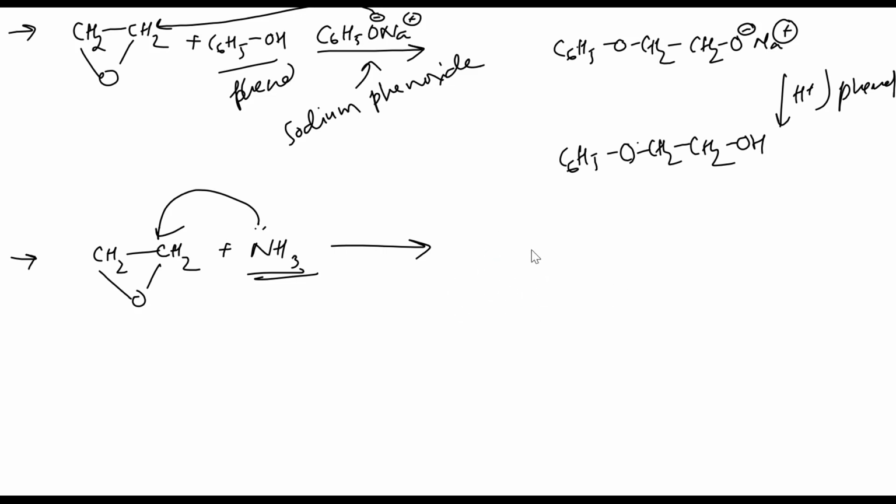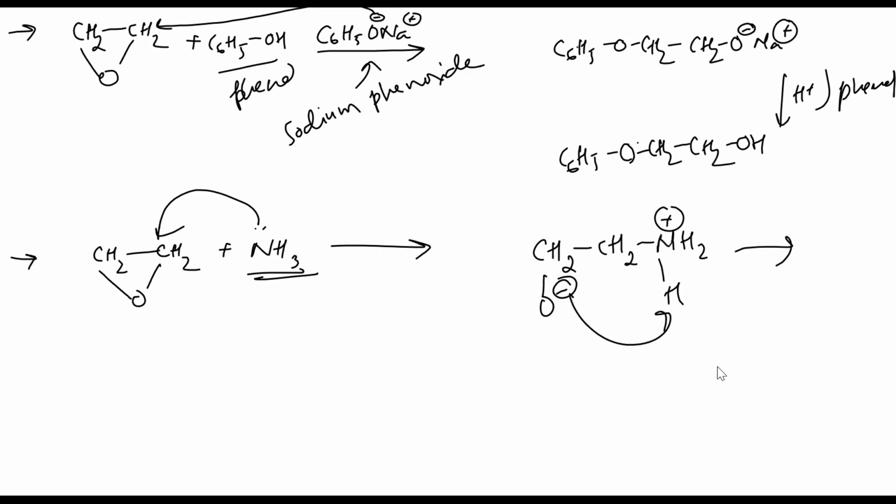If you write this separately, NH3 plus will be NH2 single bond H. The next step will be proton abstraction, and there is formation of CH2 single bond CH2NH2 and this OH. This will be the major product. Okay, this is ammonia.